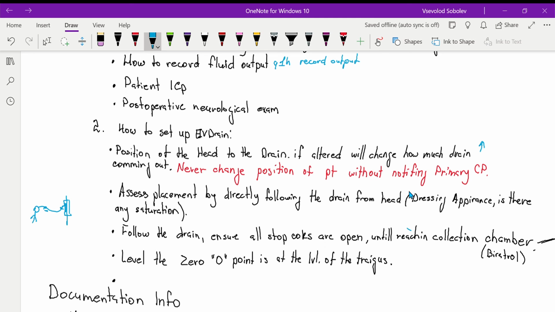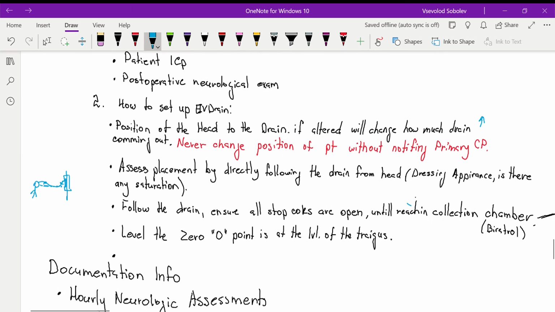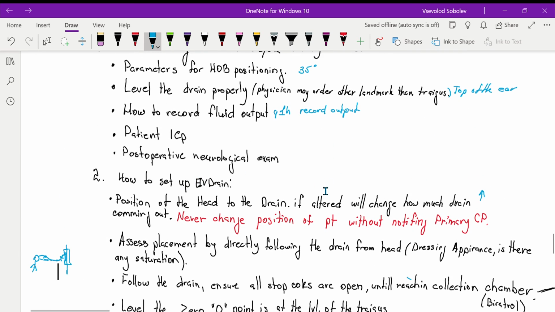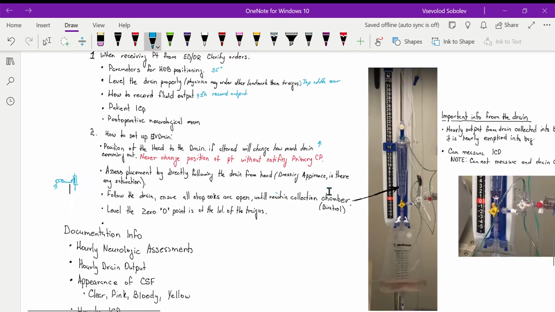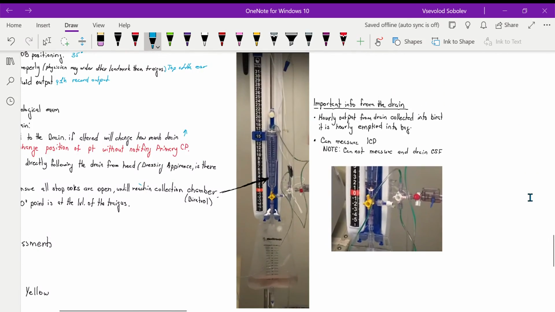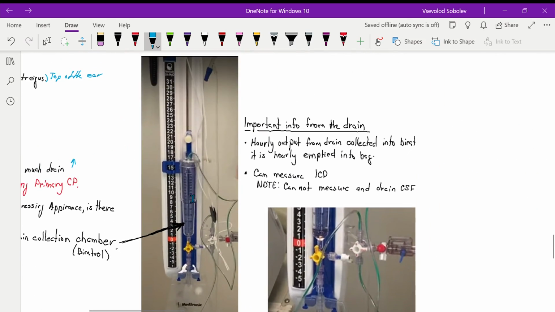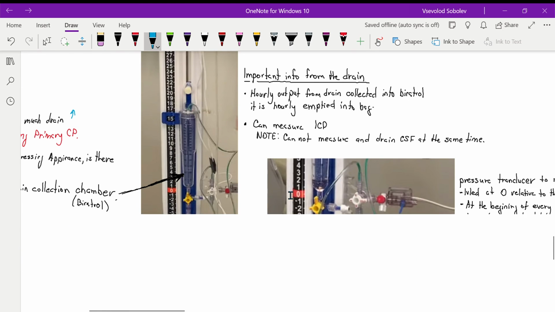Once you did that, you would zero it to the guidelines at the patient's ear, and then you would zero to atmospheric pressure too. Okay, and so that's how this drainage system looks like.